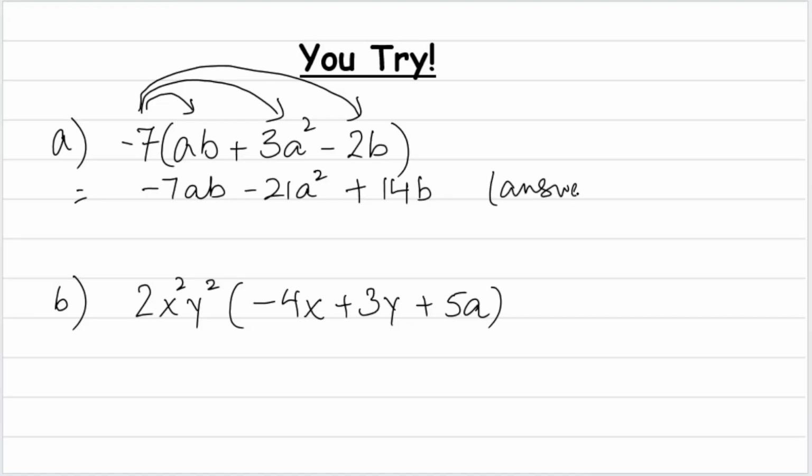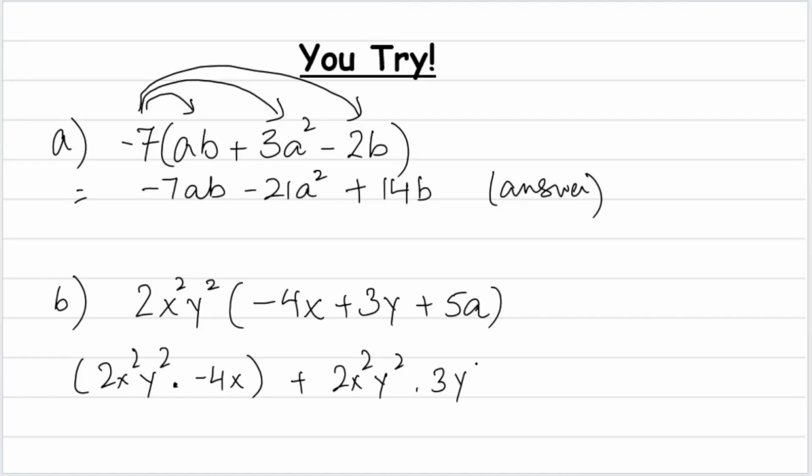And I'm fully confident that your answer is also the same. Next one. So 2x square y square multiplied by minus 4x plus 2x square y square multiplied by 3y plus 2x square y square multiplied by 5.